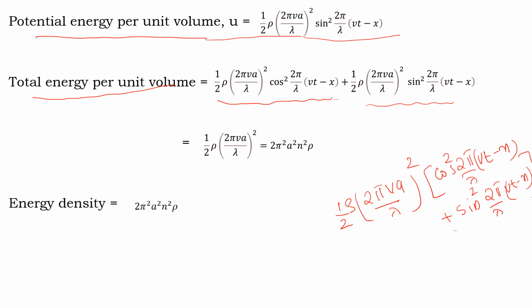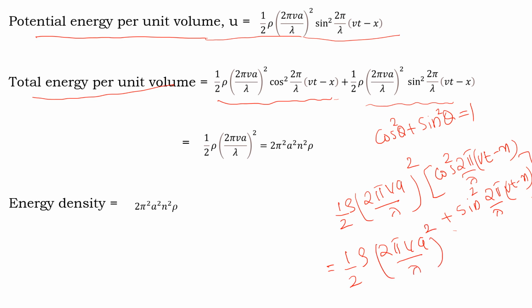And we know that cos square theta plus sine square theta is 1. Therefore, this sum is 1, and the equation will be half rho (2 pi v a by lambda) the whole square.